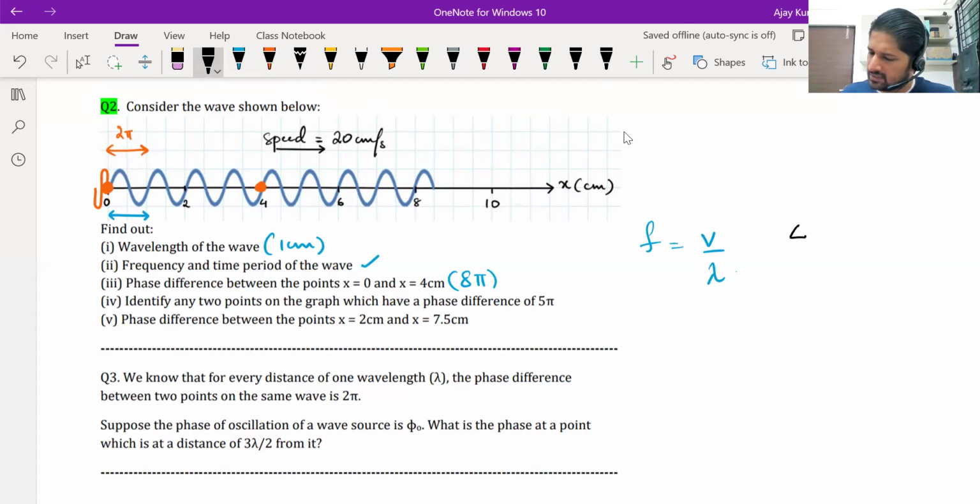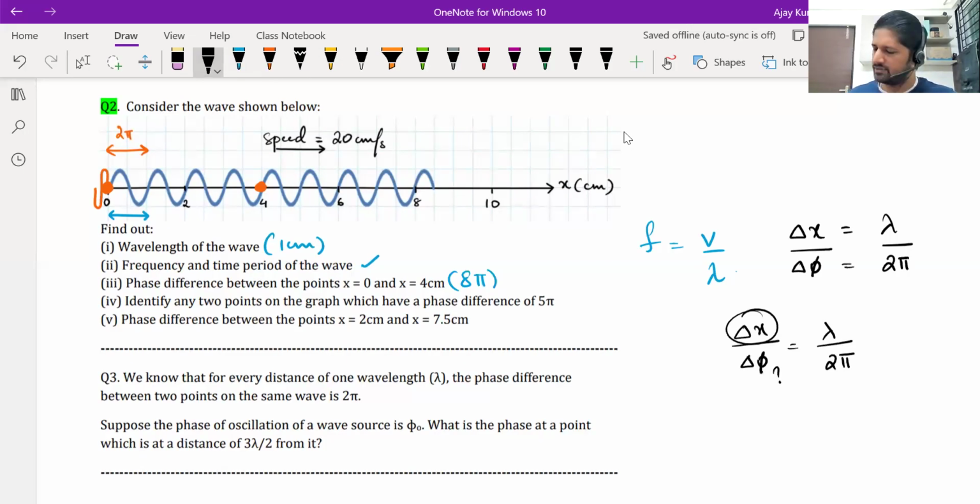When the distance between 2 points on a wave is one wavelength, the phase difference between those 2 points will be 2 pi. And because we take waves traveling with constant speed, this ratio will remain fixed. So the distance between 2 points divided by the phase difference between them will always be lambda divided by 2 pi. So based on distance, you can tell how much the phase difference is.